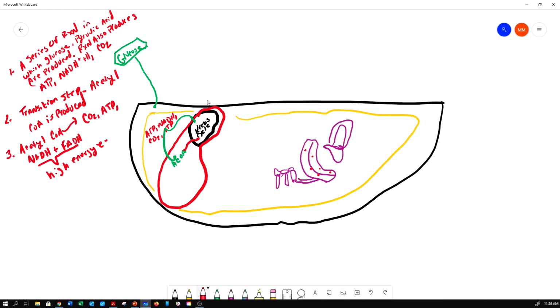And so what is going to happen over here is, now that we have these high energy electrons, it's going to be sent to a different place for processing. And that place is known as the electron transport chain. I'll draw it out right here.